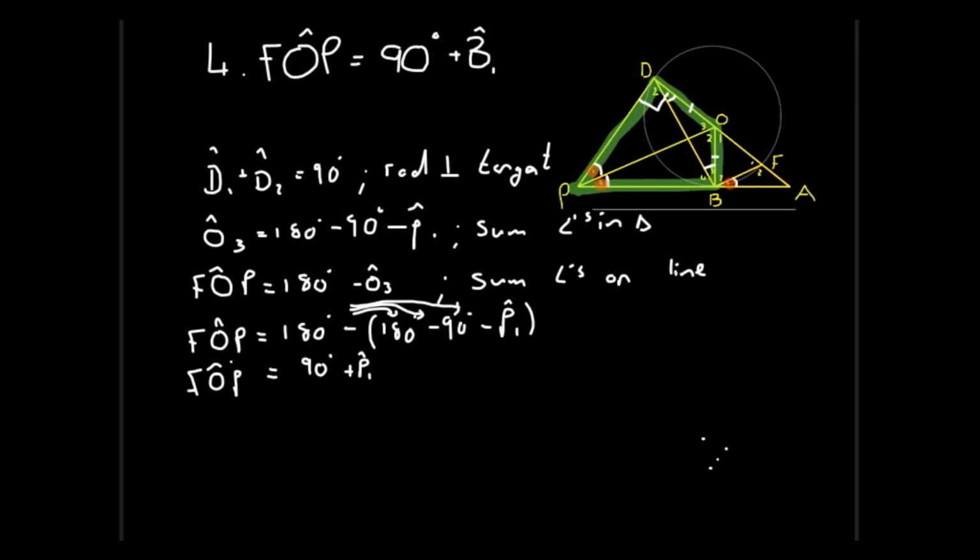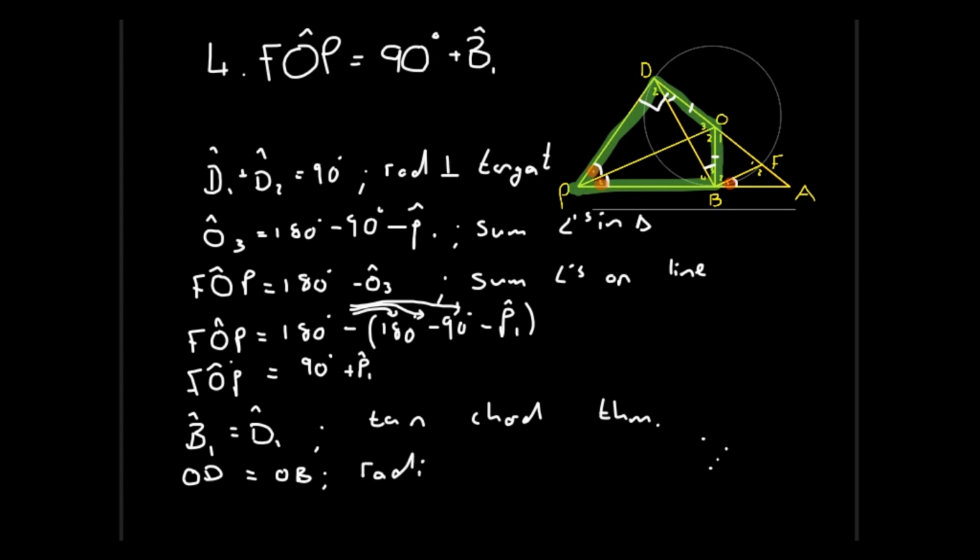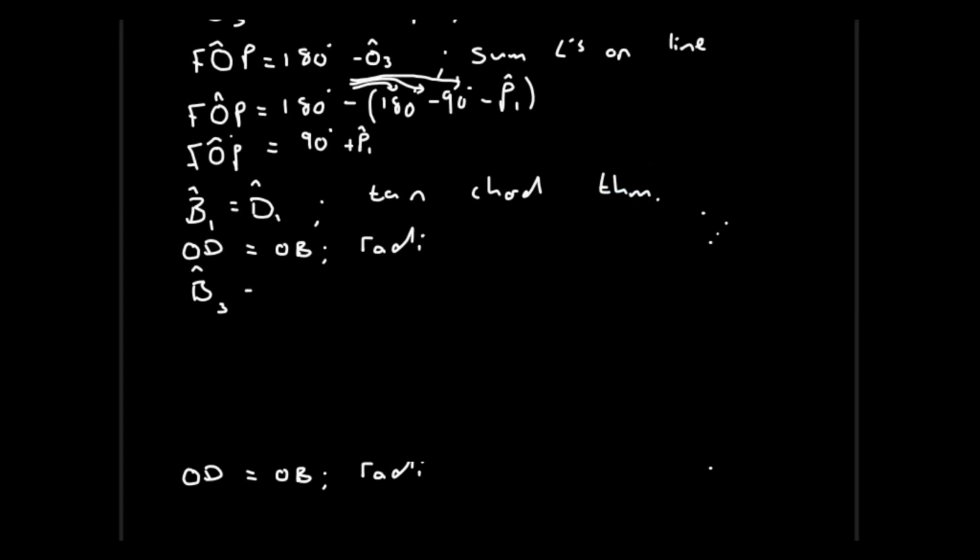So what we're going to do is start off with B1. We're going to say B1 is equal to D1, B1 equals B3, B3 equals P1, P1 equals B1, and then replace. Let's go. Starting. Okay. Angle B1 equals angle D1. That was the tan chord theorem. Then we can't just say angle D1 and D3 are the same. We first have to say OD equals OB, and that's radii. And now we can go ahead and say, okay, fantastic. If they are radii, then we have B3 equals D1.